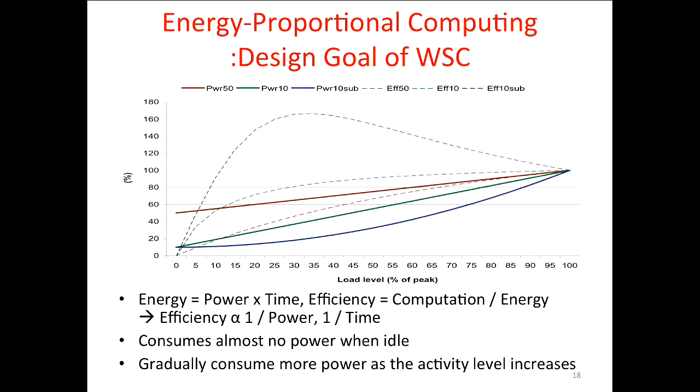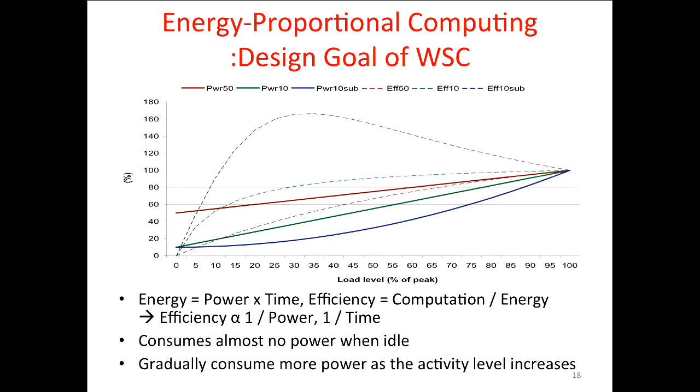First we start from the fundamental equation, which is energy is equal to power times time, and energy efficiency is computation over energy. So that means energy efficiency is proportional to 1 over power and 1 over time.